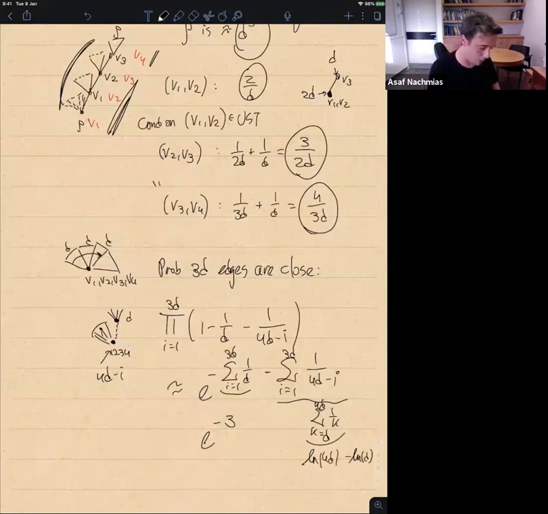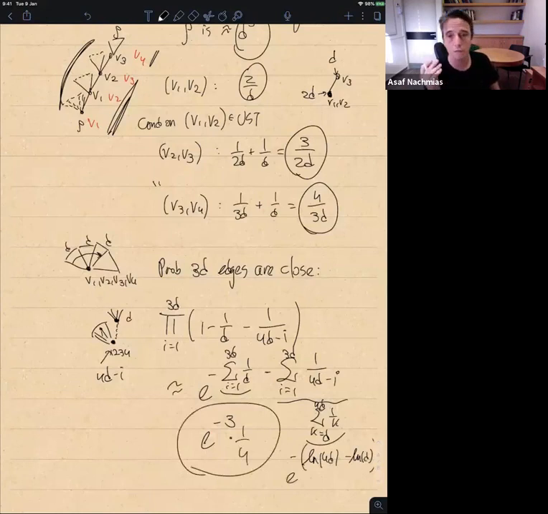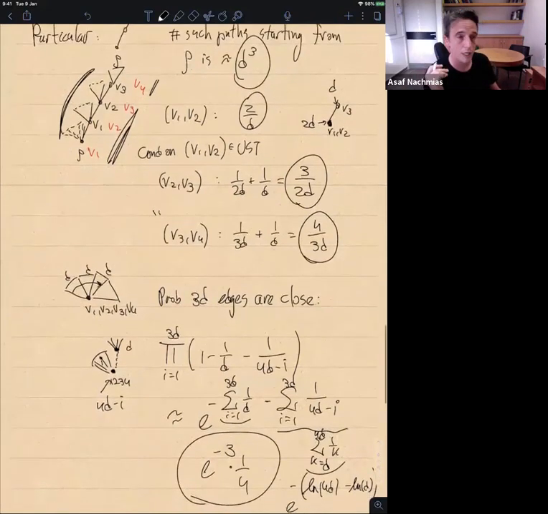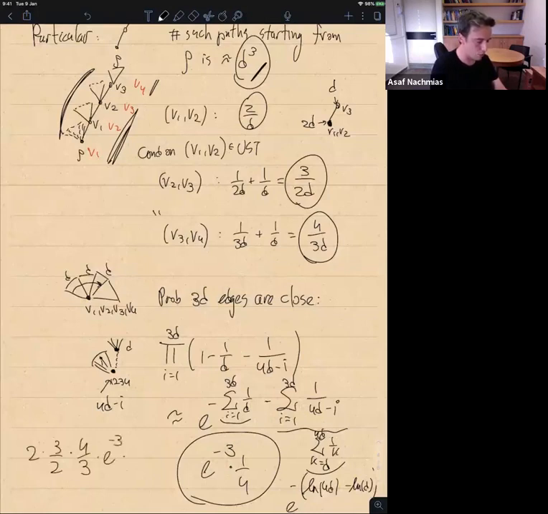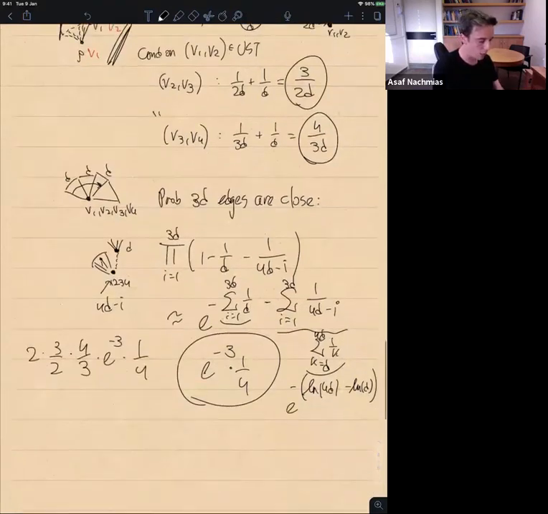There's an e to this power with a minus, so I get here a 1 over 4. So this is the fourth or fifth term that I need to multiply. I multiply all of these together. The power of D, the D cubed here, cancels all the D's. I get that the probability is 2 times 3 over 2 times 4 over 3 times e to the minus 3 times 1 over 4. And voila, we get e to the minus 3.